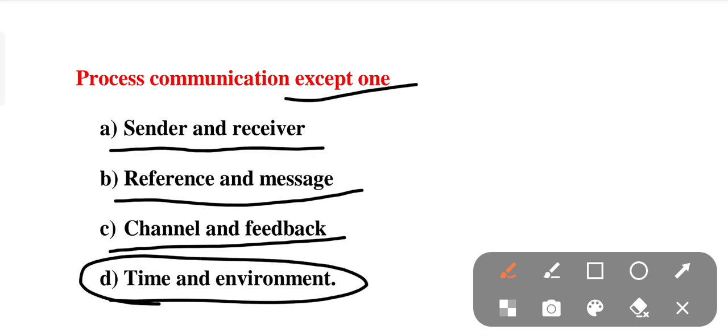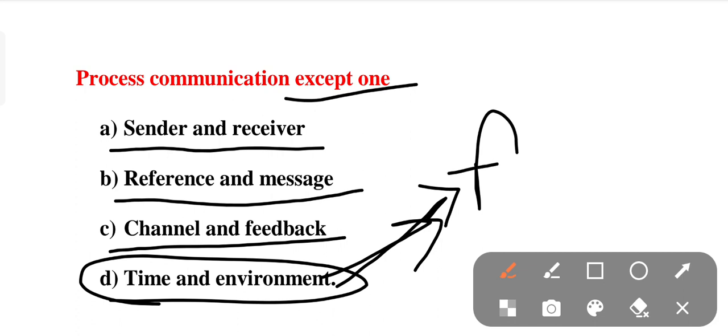So the right one is time and environment. Time and environment do not come under the process of communication. They come under the factors of communication, which influence good communication.